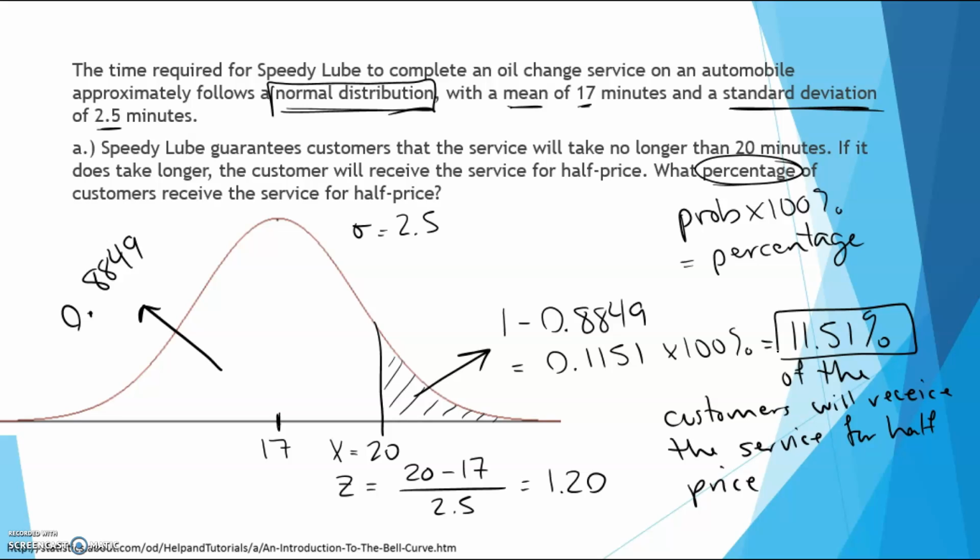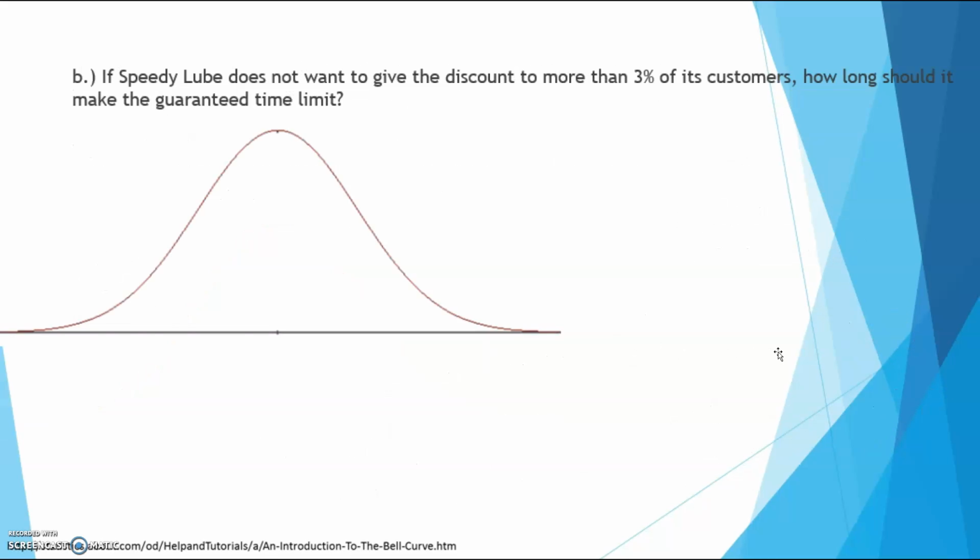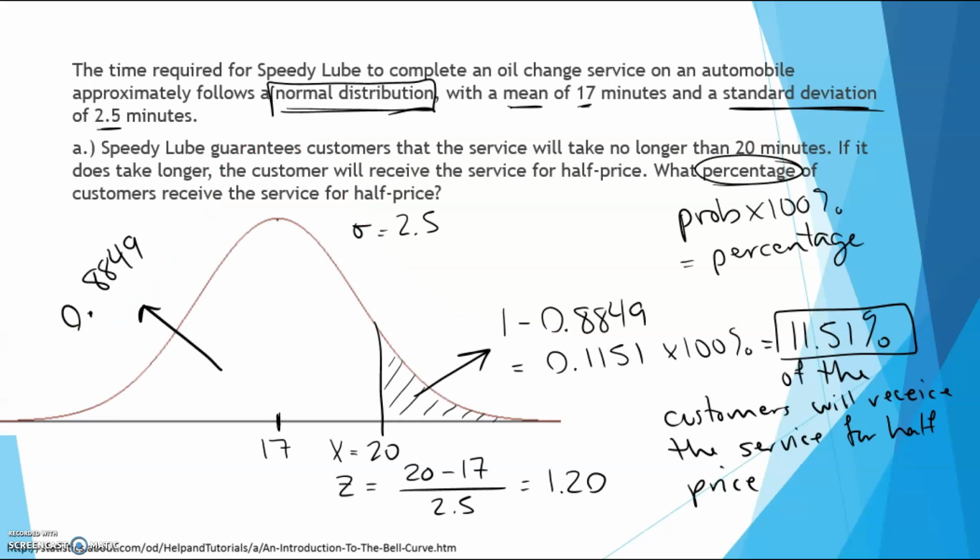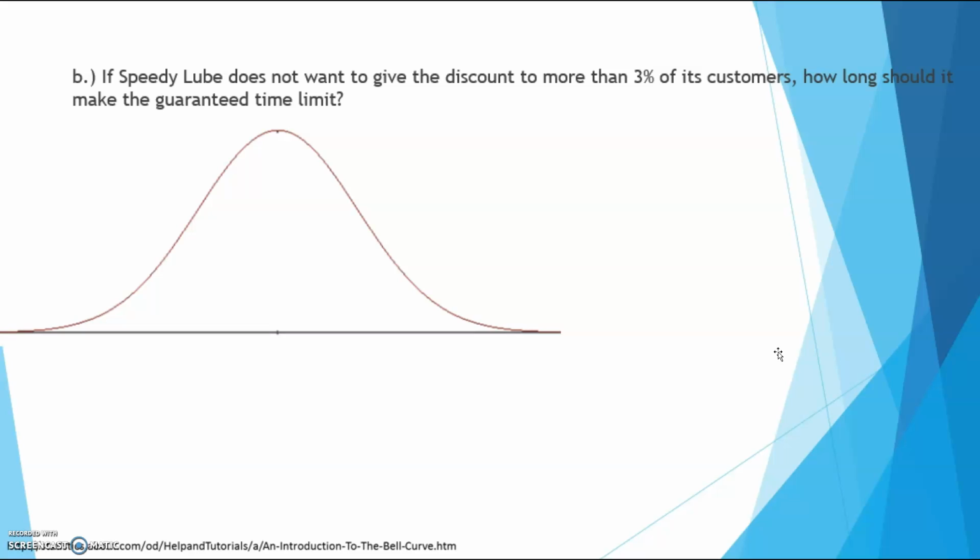Okay, now say they don't want it to be 11.5%. So if SpeedyLube does not want to give the discount to more than 3% of its customers, how long should it make the guaranteed time limit? So over here they guaranteed no longer than 20 minutes. And because they guaranteed no longer than 20 minutes, 11.51% of all their customers were getting the discount for half price.